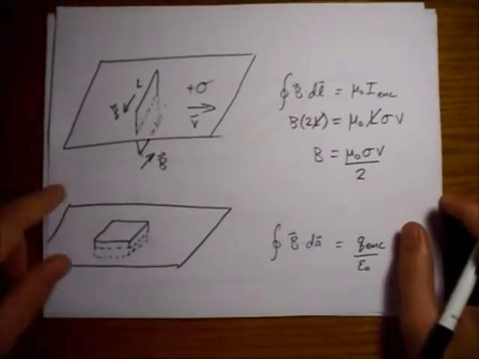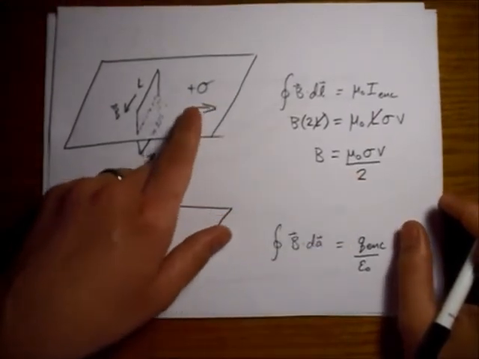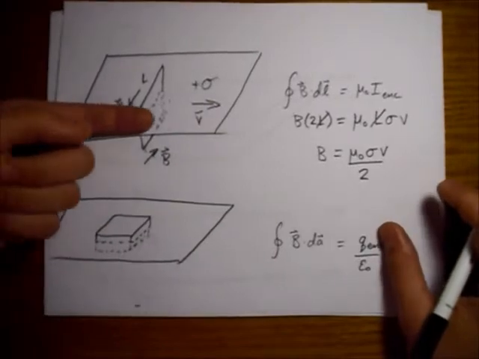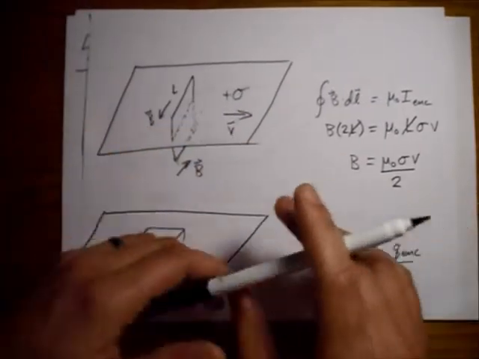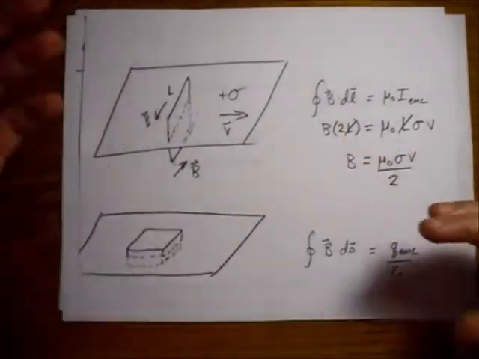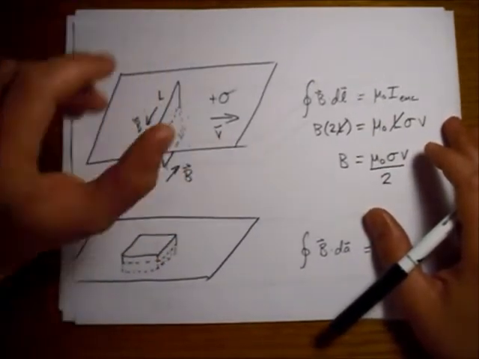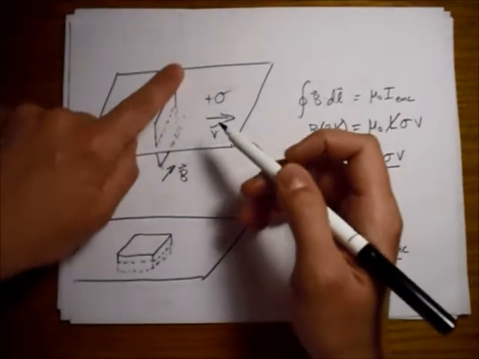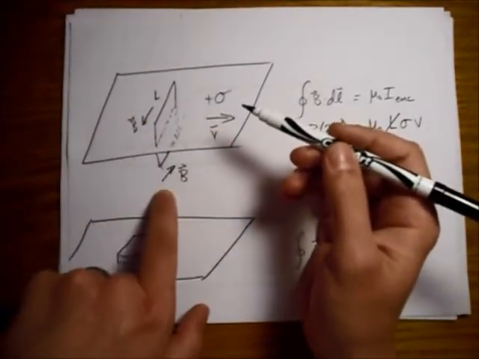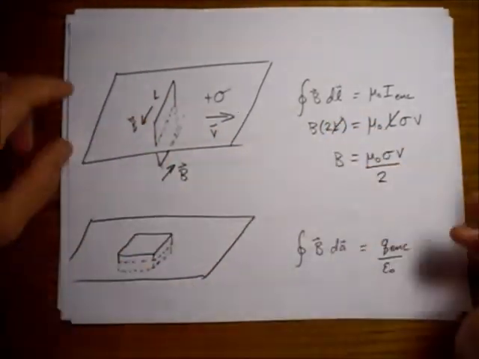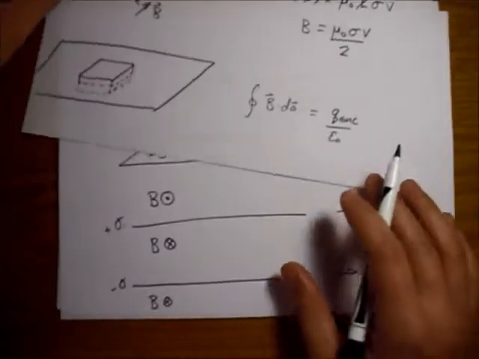Suppose we had minus charge going this way, you could use the left-hand rule if you want, for minus charge, and you would see that it points the other direction on top and bottom, but has the same magnitude.